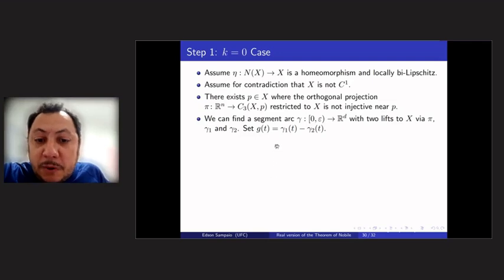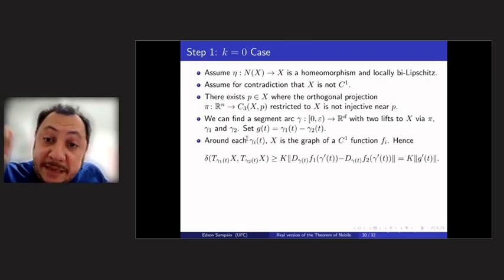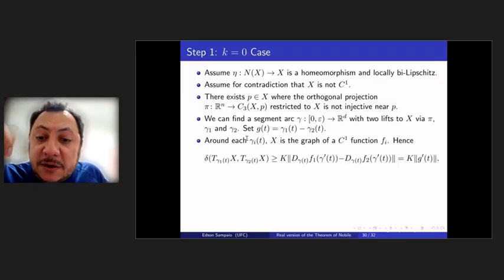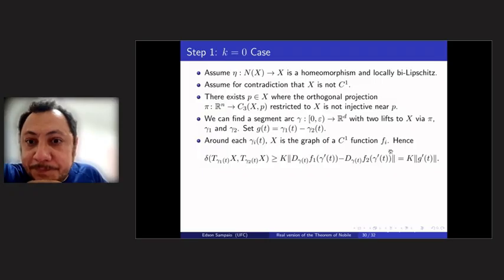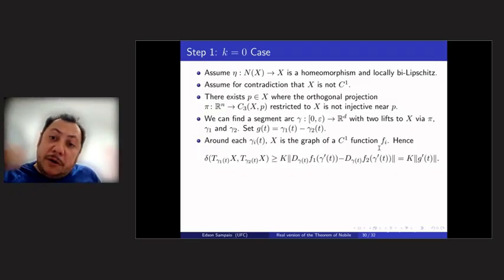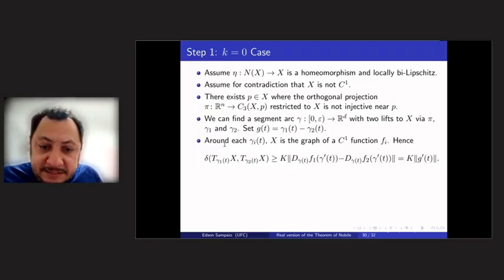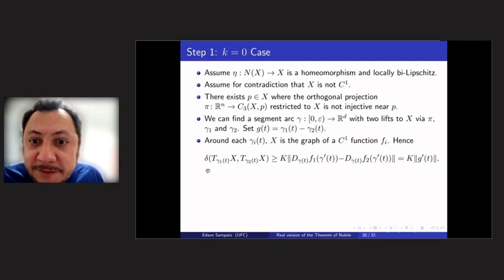And I will call g the difference of these 2 lifts. In fact, I can obtain these 2 lifts in such a way that around each point of gamma i, x is the graph of a C^1 function f_i. Then, delta is the distance in the Grassmannian.